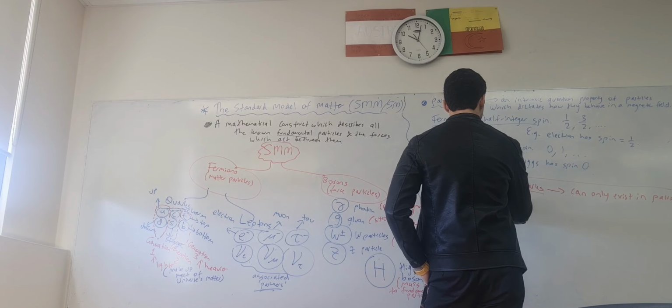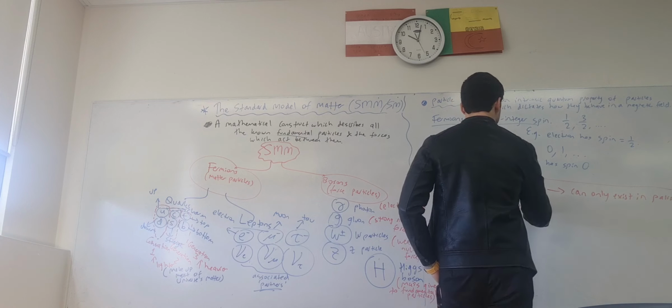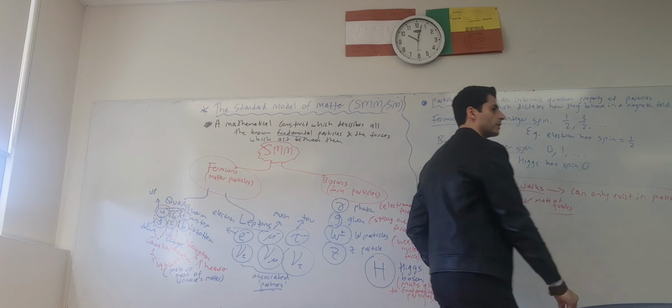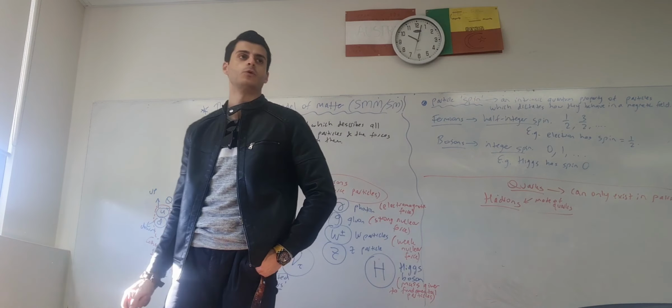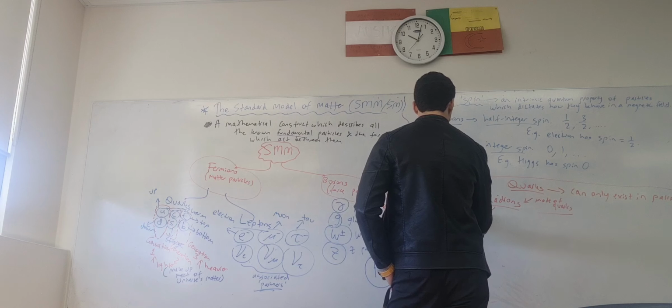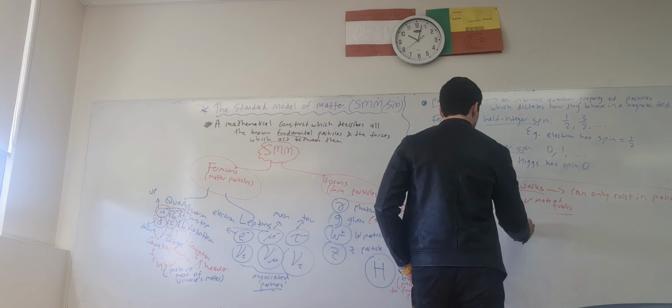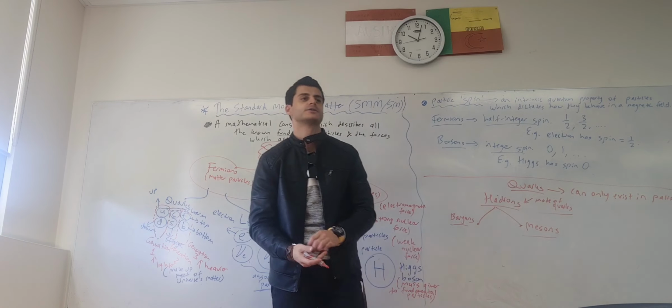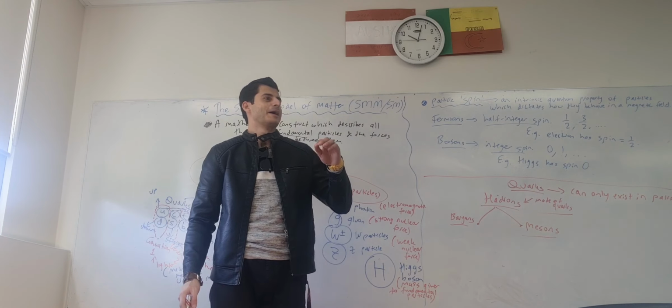Particles that are made of quarks are called hadrons. Think of it that way: have quarks, hadron. There are two main types, baryons and mesons. Who remembers baryons? How many quarks? Three.